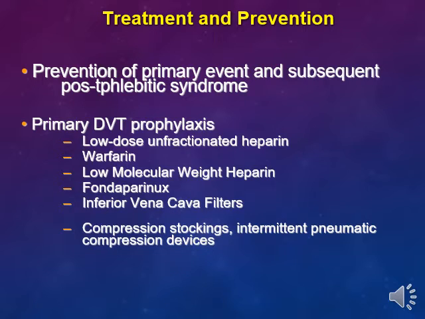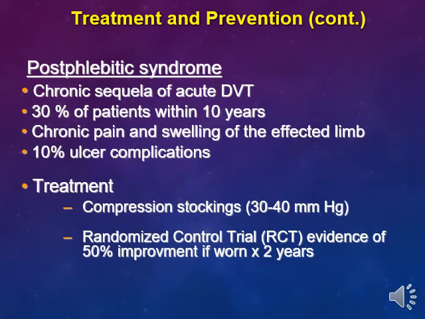And if the patient is at high risk for development of pulmonary embolism, such as a patient with recurrent DVT, a patient with contraindication to anticoagulation, or a patient not responding to anticoagulation, we can insert an IVC filter to prevent the propagation of the thrombus to the pulmonary arteries. So we have many types of prophylaxis according to the risk of the patient.